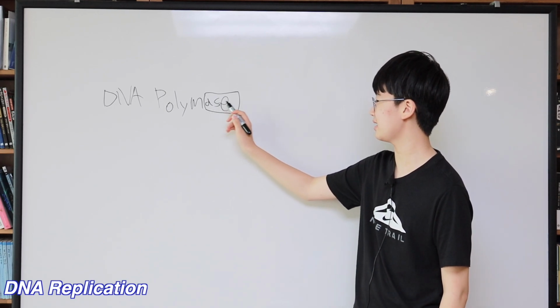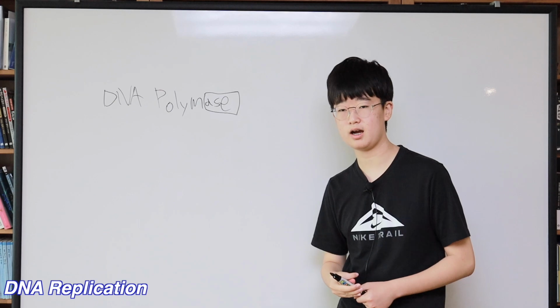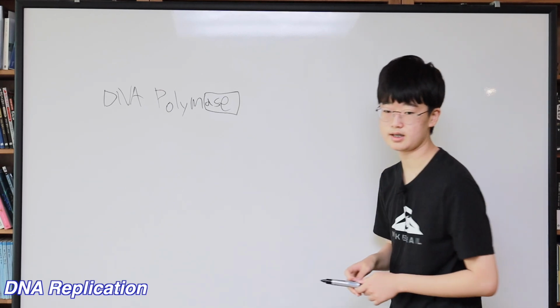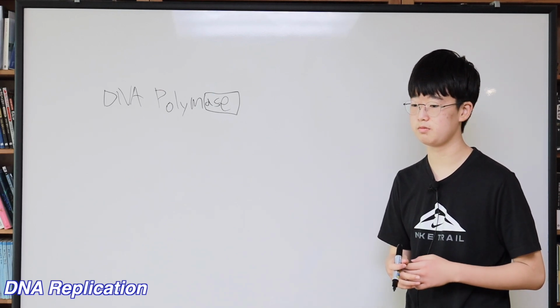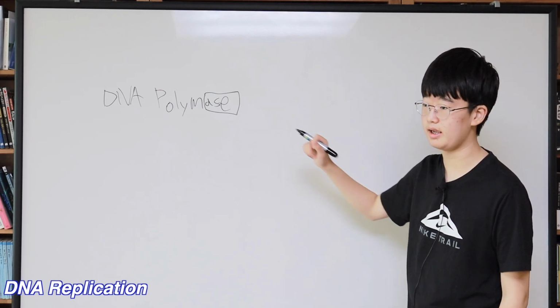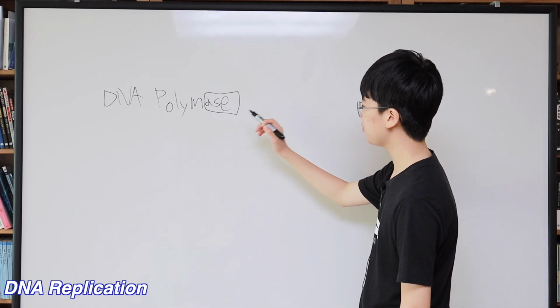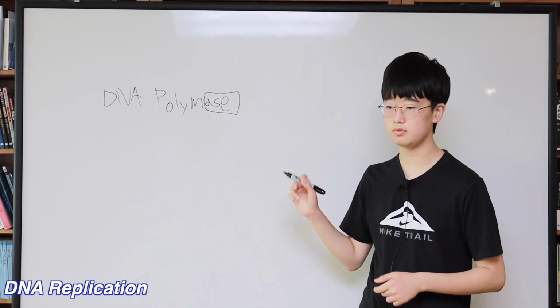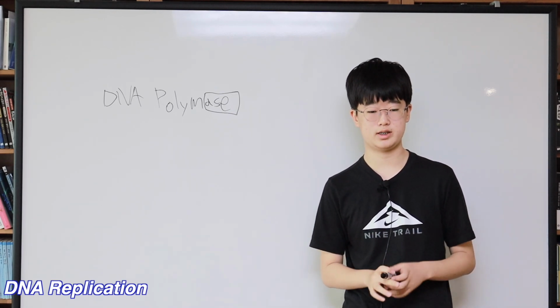Something with the ASE on the end has a very high chance that it is an enzyme in a cell. It's definitely an enzyme. And now, what DNA polymerases do is very important.